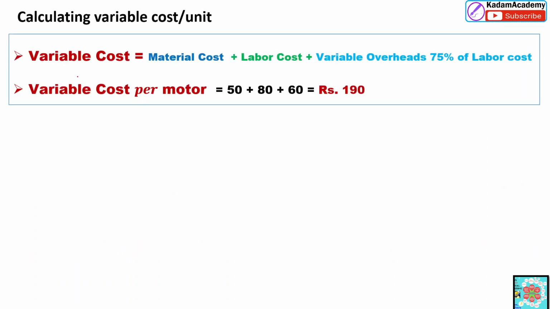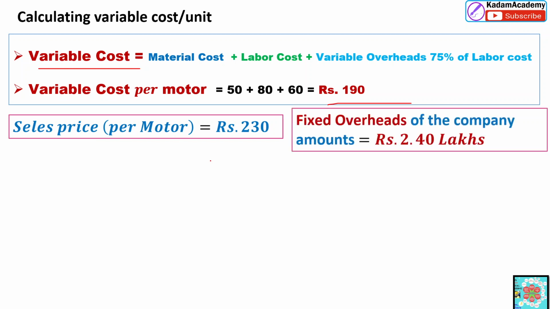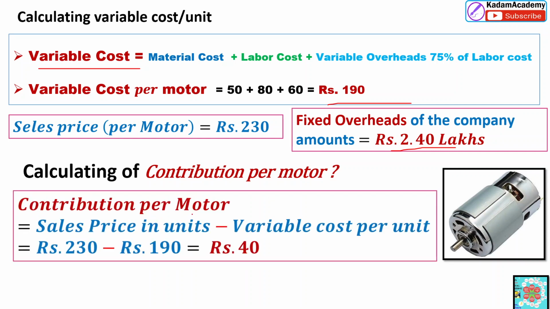So we will calculate. We already know the variable cost is 190. The sales price is given as 230 per motor. Fixed overhead for the company is 2.4 lakhs. Now we calculate the contribution per motor: sales price per unit minus variable cost per unit.